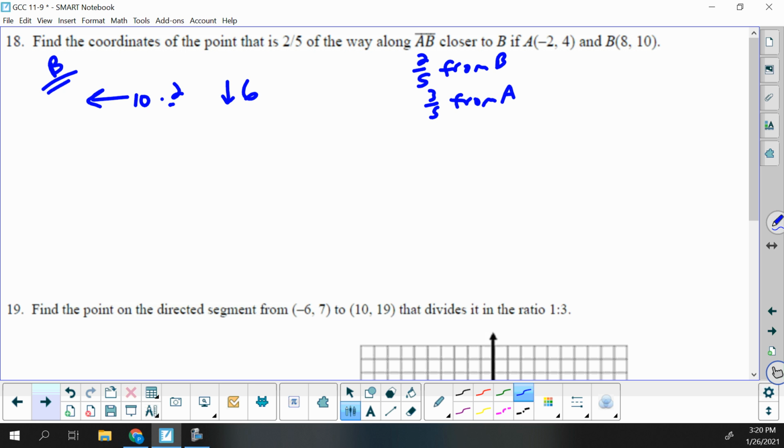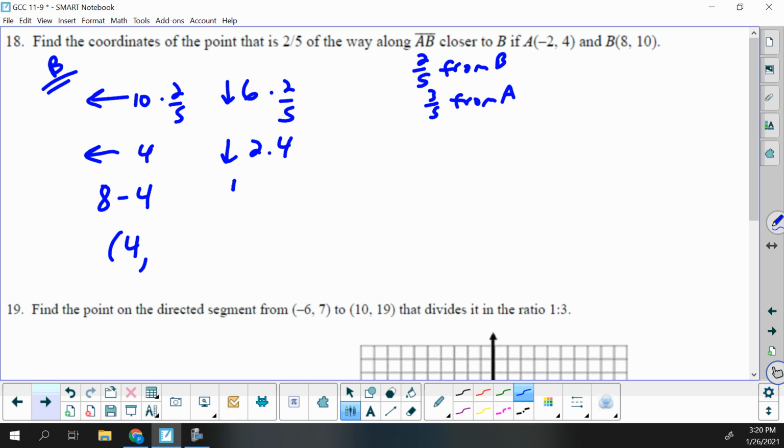We're multiplying by 2/5, which we already know what those values are from the last one. It's 4 and it's 2.4. Now keep in mind we're applying this to B, so start with the 8 as the x for B. If you're moving left, you're subtracting. So that's going to give us 4 for the x value.